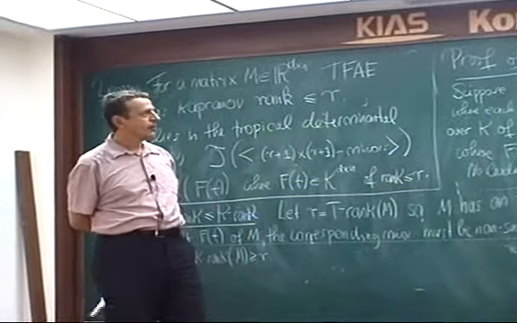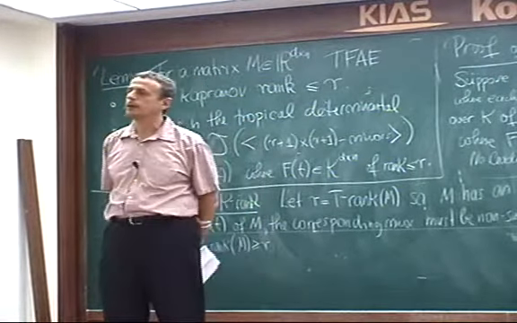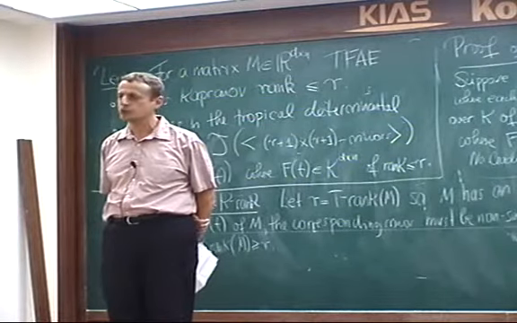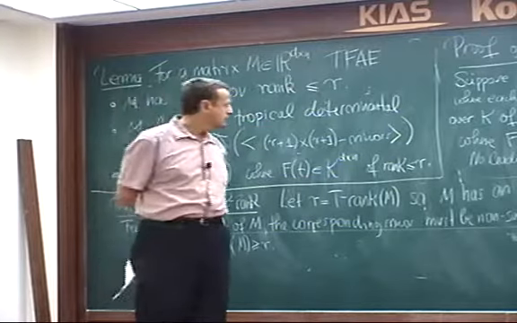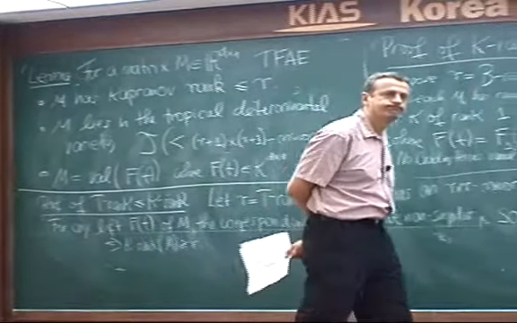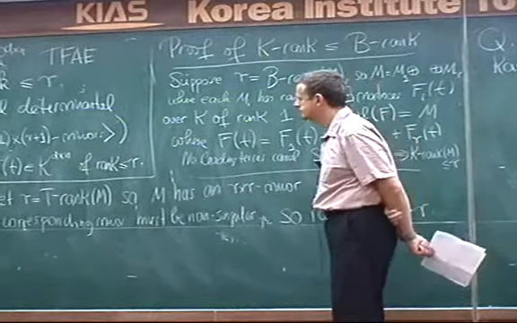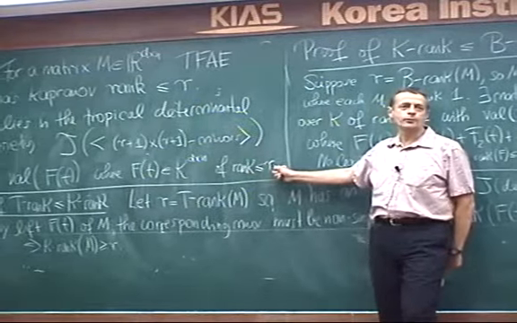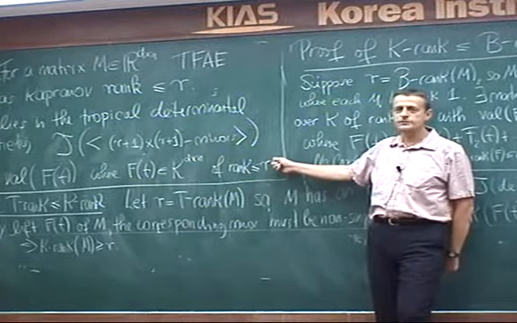Now, what about the Kapranov rank? Let's say I give you an 8 by 8 matrix, and I ask you to calculate the Kapranov rank. How would you actually do this? Well, it's kind of a hard problem. One way to approach it is to ask, what's the smallest rank of a lift?